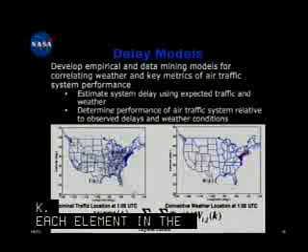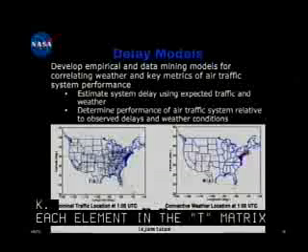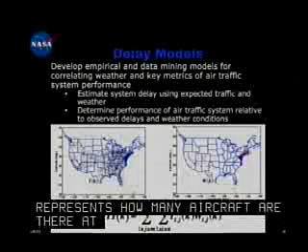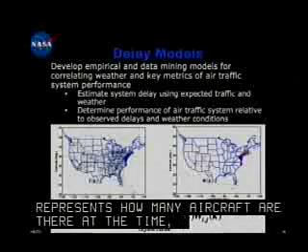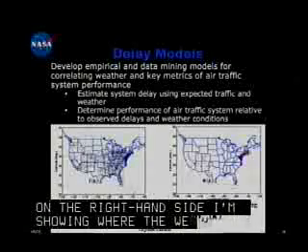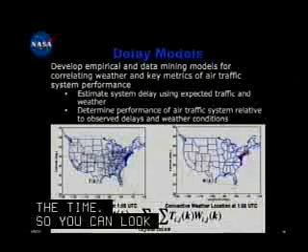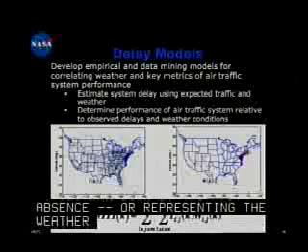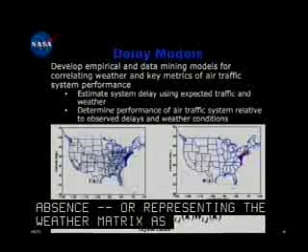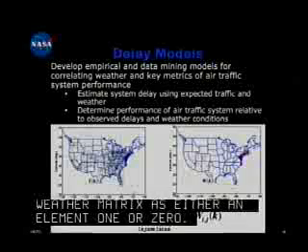On the right-hand side, I am showing where the weather is at that time. I'm representing the weather matrix as either an element 1 or 0. It is 1 where there is weather at that time and 0 otherwise.